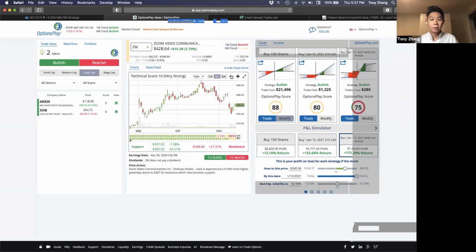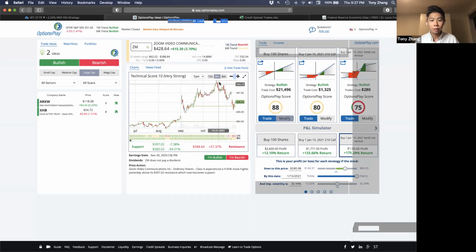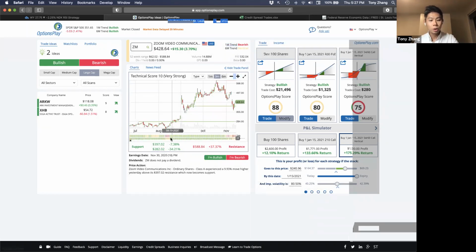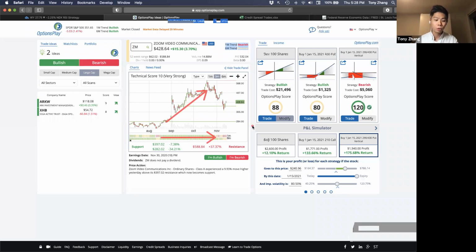When the stock was trading in the 500s, notice how long it had already been in a bullish trend. Recently, it started to move to the downside, and notice how short it's been in this bearish trend. It's only been in the bearish trend for 3 days or so. So that's how you can get a sense for whether you're too late or not. You can take a look at how long the stock has been in the trend. The longer the stock has been in a trend, the more you are too late, if you will, to the party.